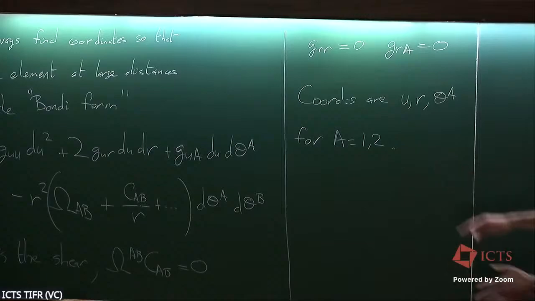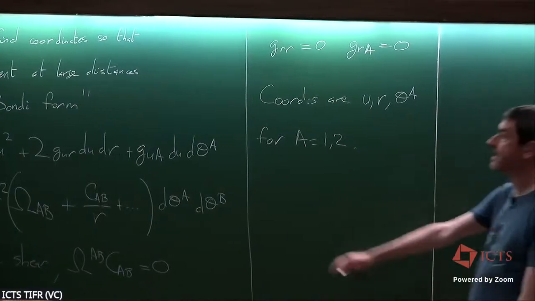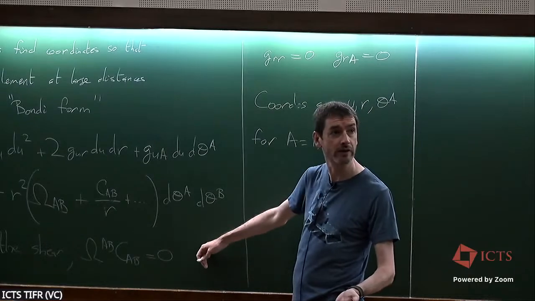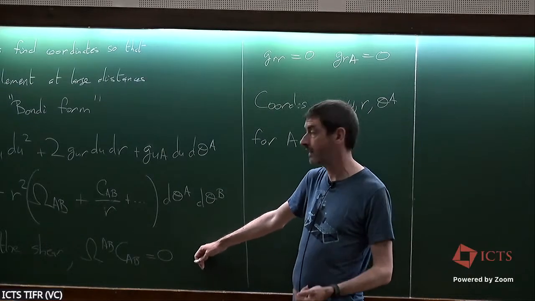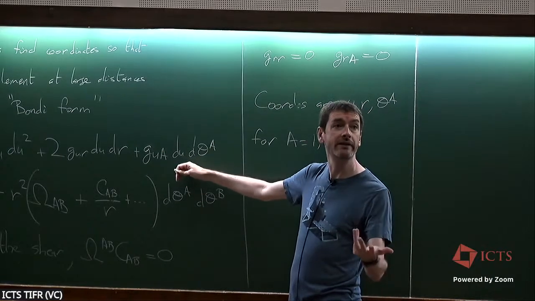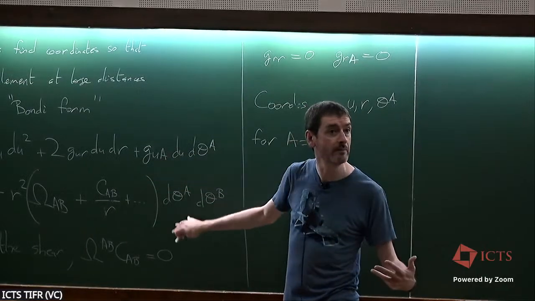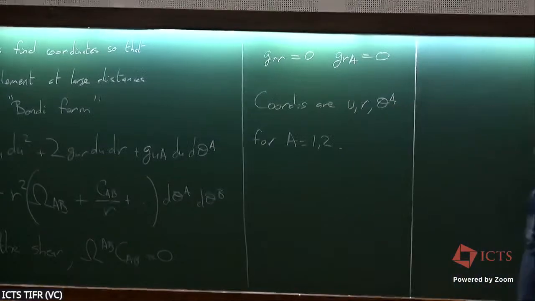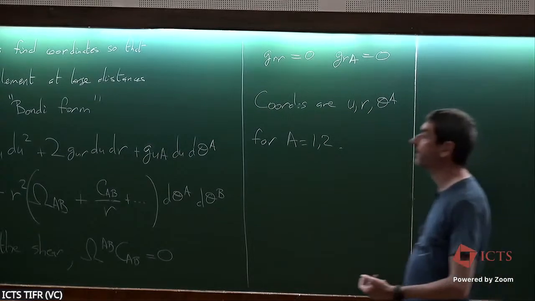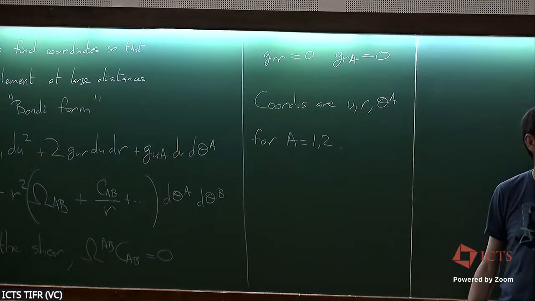Now, you can always put asymptotically flat spacetimes into this form, put the metric into this form, but there are still diffeomorphisms. This doesn't completely fix all of these functions. So there's a group of symmetries of the spacetimes at large distances, which have the property that they map this Bondi form of the metric onto the Bondi form of the metric, just mixing up the various terms like the C_ABs and the various Gs. So the group of asymptotic diffeomorphisms which preserve this form are known as the BMS group.